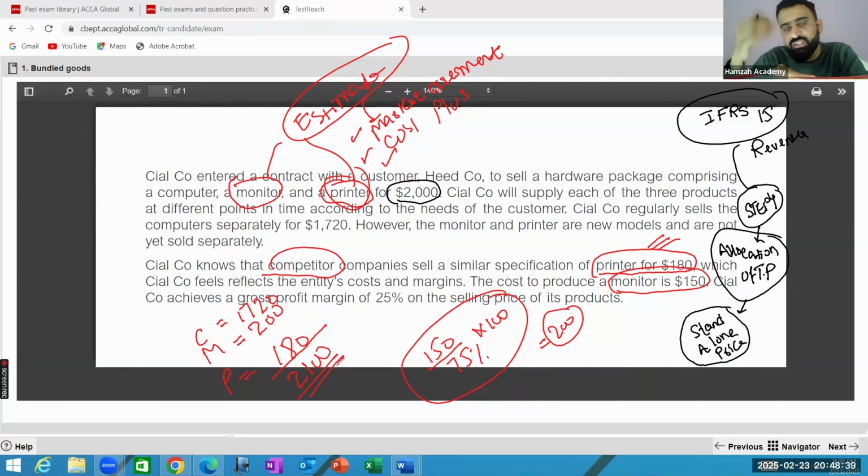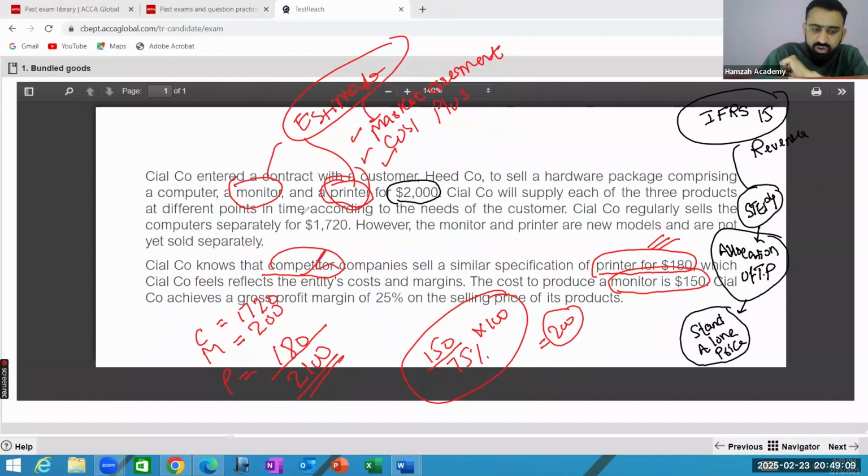The standalone price which is observable is of the computer, which is 1720. For the monitor and the printer, we have to estimate it, using the market assessment approach and the cost plus approach. According to the market assessment approach, the printer standalone price should be 180, and according to the cost plus approach, the standalone price of the monitor should be 200.